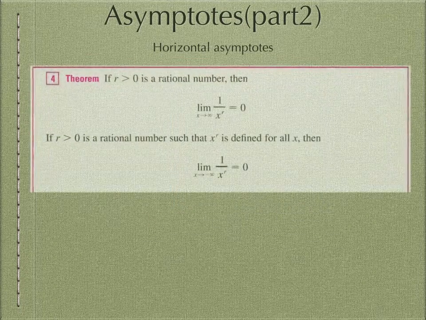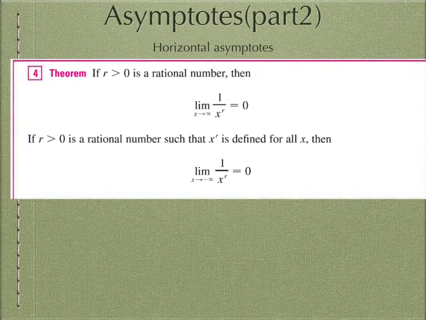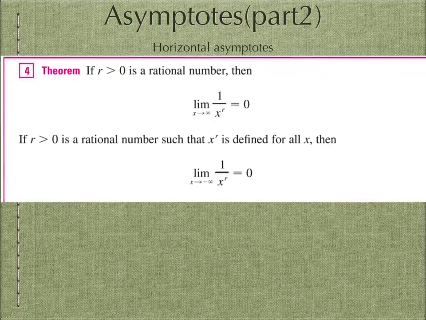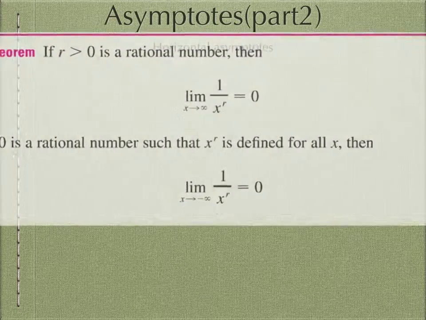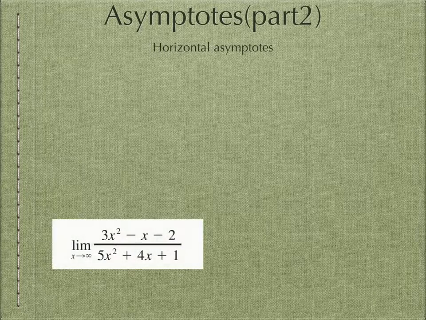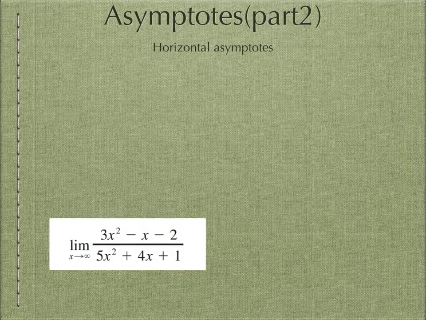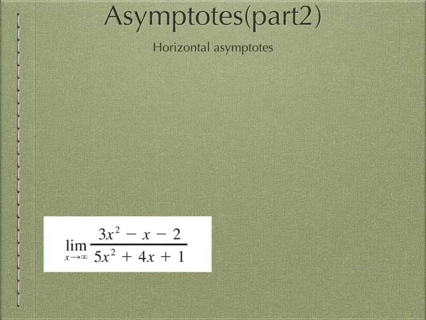So according to the fourth theorem, we need to take the limit as x goes to infinity and negative infinity of 1 over x to the power of r. In this example, we already know that the answer will be 3 over 5 because the highest powers are the same.